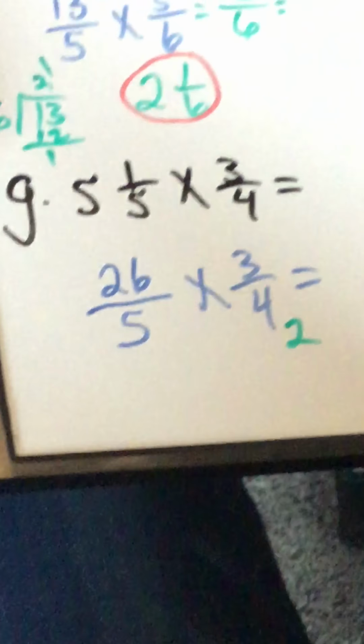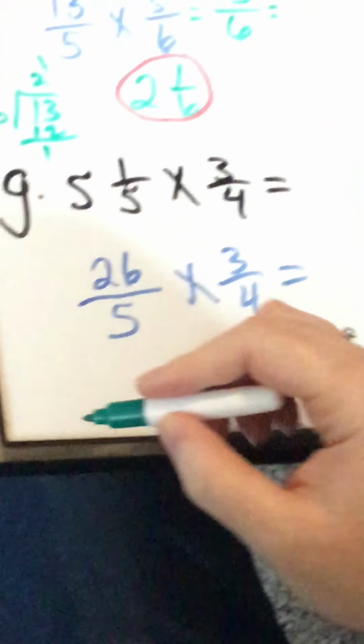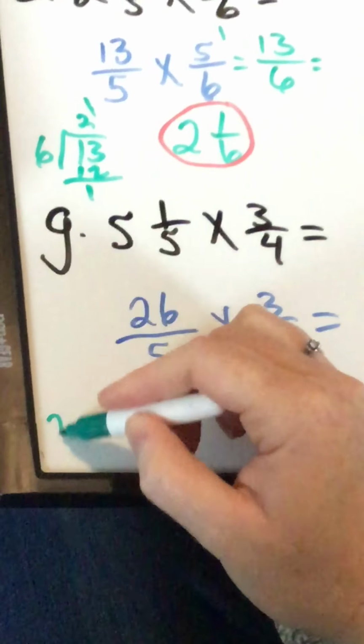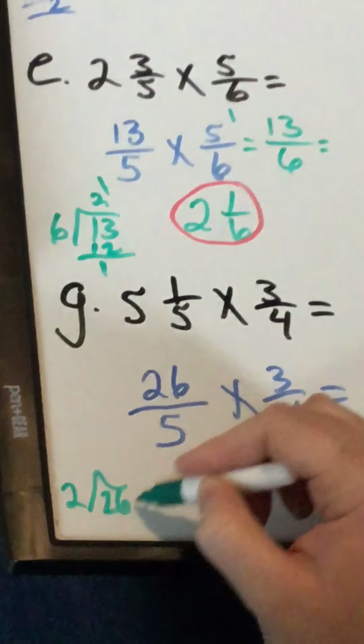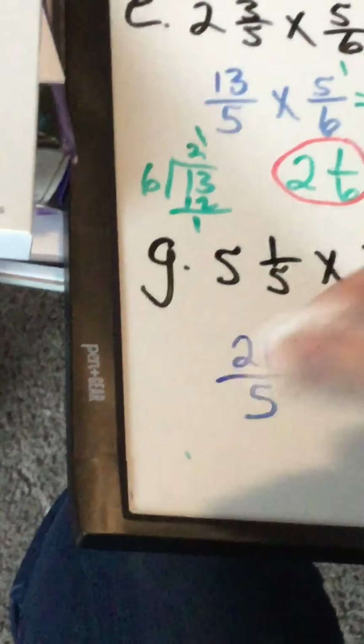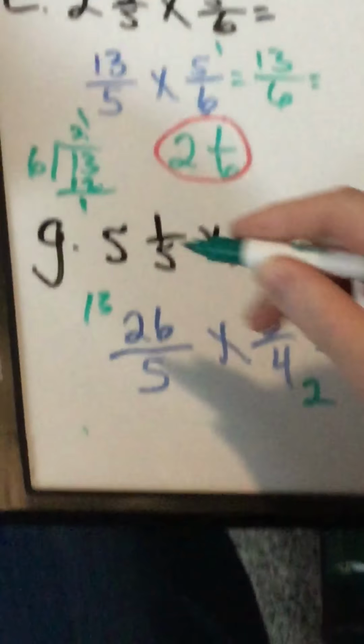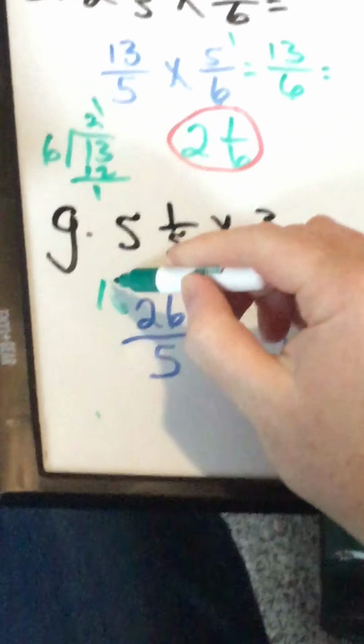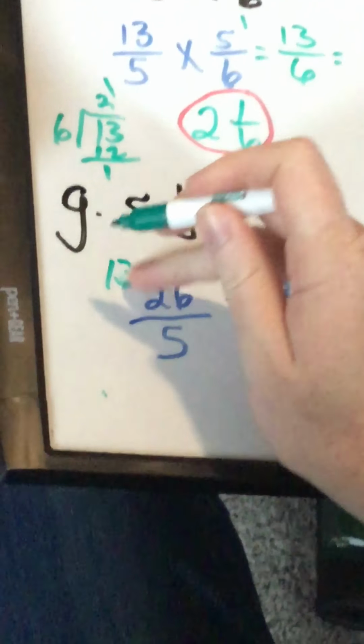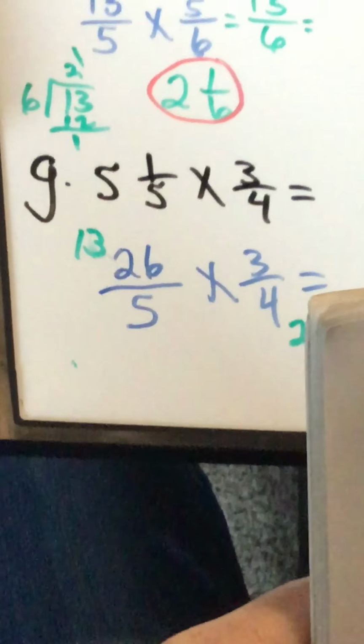So 26 divided by 2. You're probably going to have to do it longhand, 2 into 26. What you should end up with is 13. Okay.